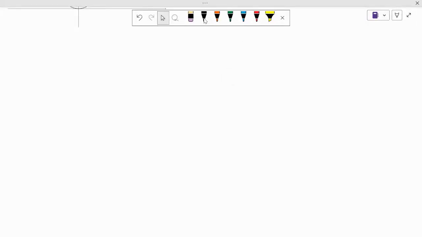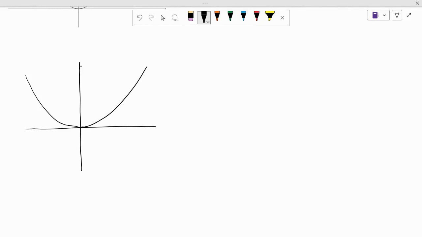So we're going to do a very simple function. Just a plain old parabola. I'll exaggerate the shape. And suppose we want to find the derivative of this function, f prime, specifically at 2.